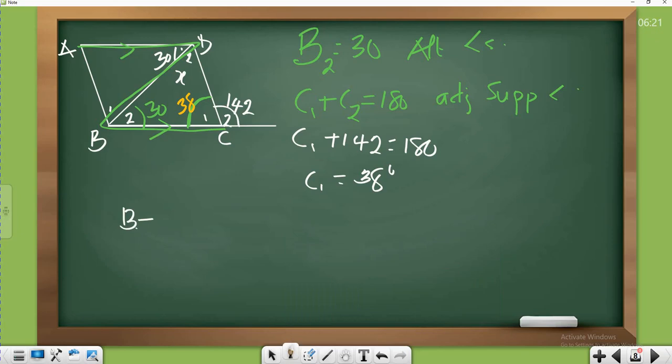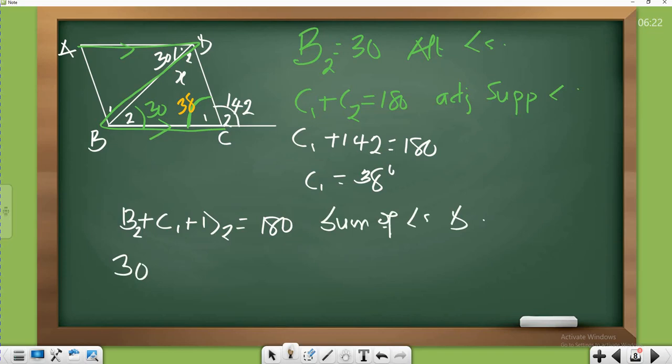Angle B2 plus angle C1 plus angle D2 should be equal to 180 degrees. Sum of angles in a triangle. What is my B2? 30. What is my C1? 38. What is my D2? X.